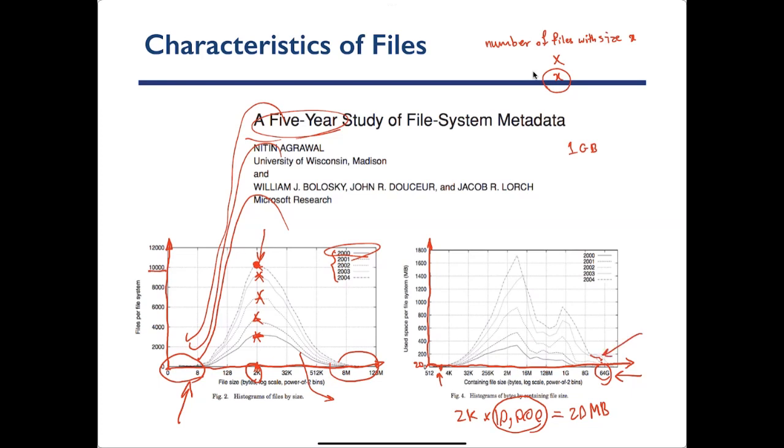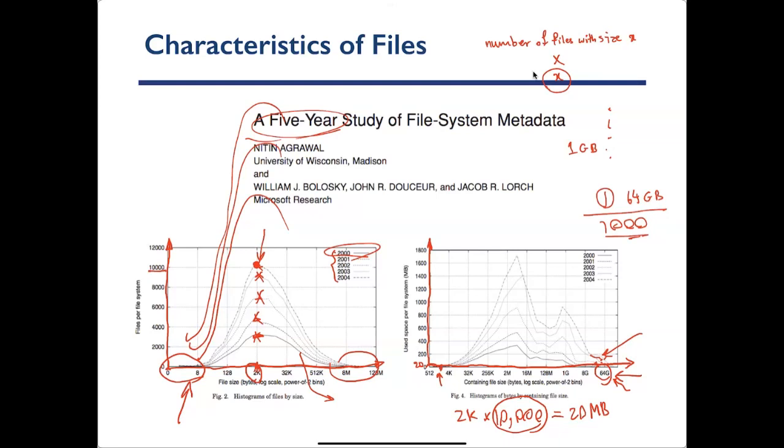The reason is that we don't have 64 gigabyte files in our system, and this is kind of like an average over whoever participated in this study. So maybe there was one 64 gigabyte file across 1,000 users, so they just divided that by the frequency of that file appearing in the system. That's why it's somewhere here.